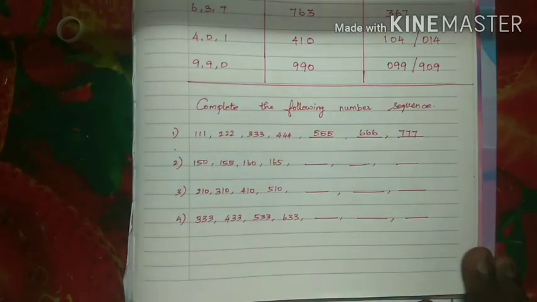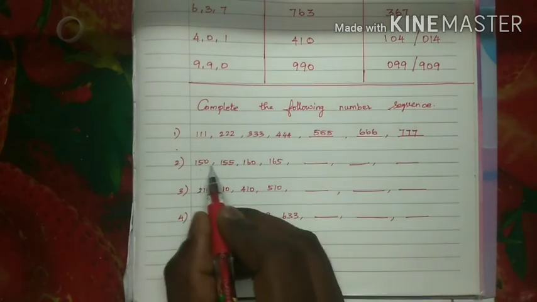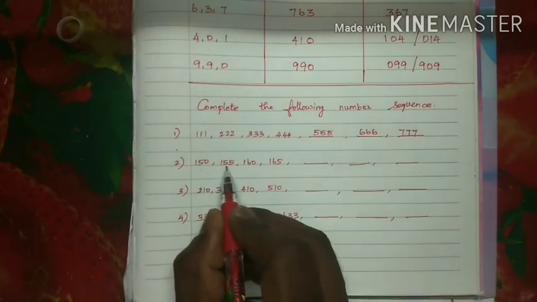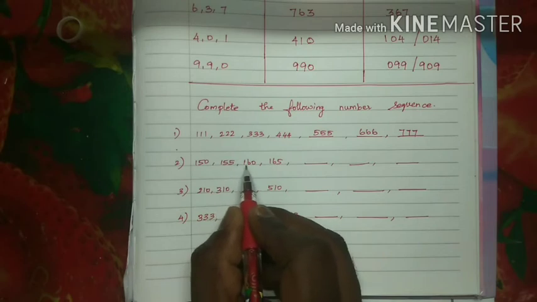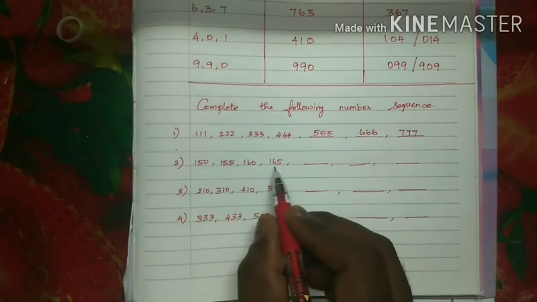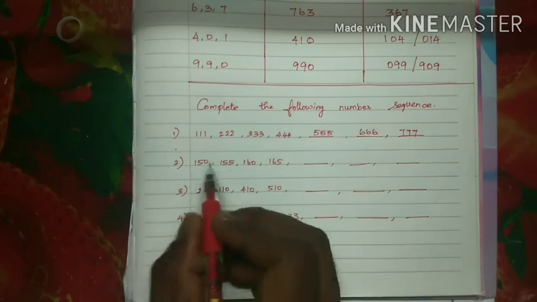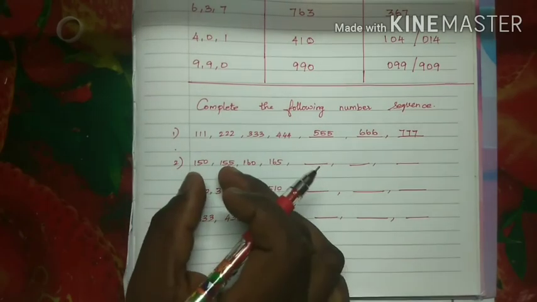Now the next one: 150, 155, 160, 165. 150 and 155, 155 and then 160, and 160 and 165. What is the difference? The difference is 5.